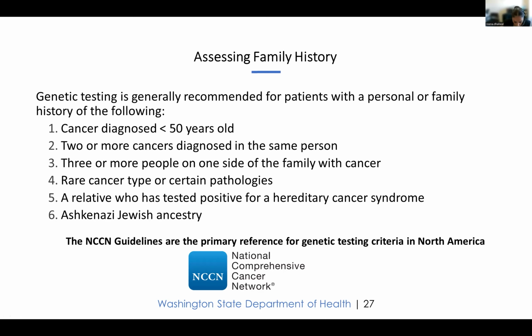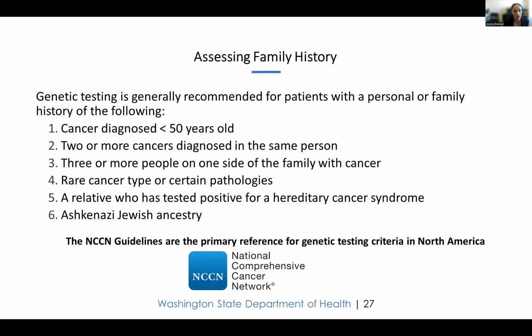So in general, we recommend genetic testing for patients with a personal or family history when there is a cancer diagnosed before the age of 50, 2 or more cancers diagnosed in the same person, 3 or more people on one side of the family with cancer, especially paying attention if these are the same cancer or cancers that we know to be related, like breast and ovarian cancer or colorectal and endometrial cancer, rare cancer types or certain pathologies, for example, like medullary thyroid cancers, pheochromocytomas, so more rare cancer types.